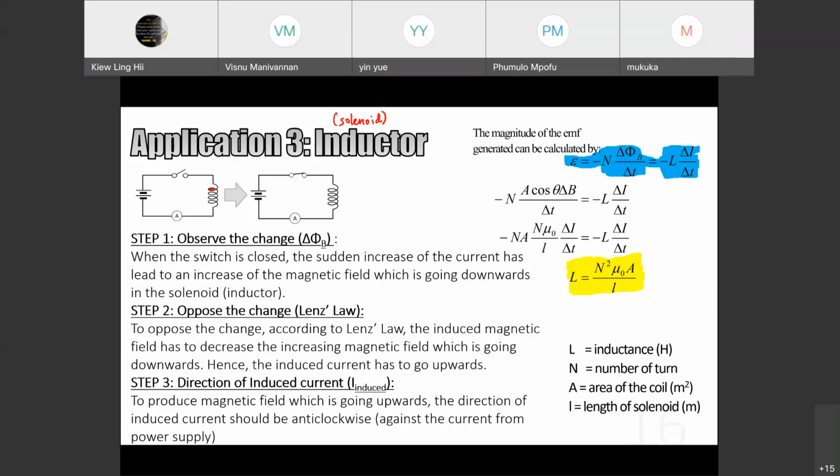So how will it experience the change in flux? Whenever it is placed in a circuit, when there is a change in the current that flows through your solenoid, remember, there is a change in the magnetic field. This one is from the power supply, so let's put PS as power supply.